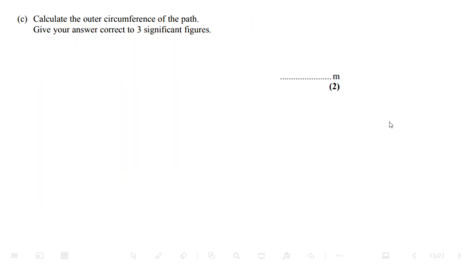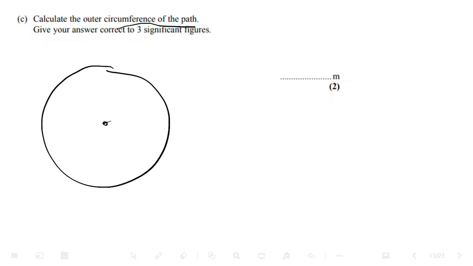We are coming to part C. Now they are saying the outer circumference of the path. If they are asking for the outer, it means they are discussing the radius of 3 meters, right? So circumference is equal to 2 pi r, which is 2 pi times 3, so this is 6 pi.